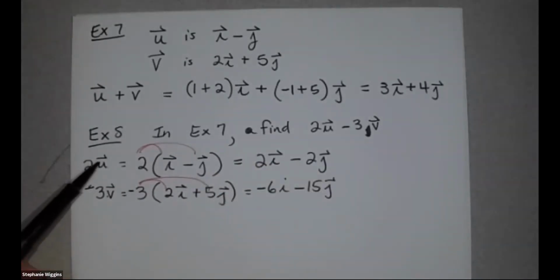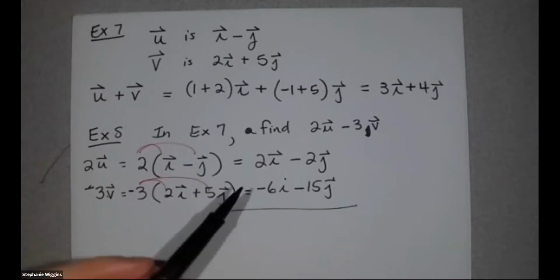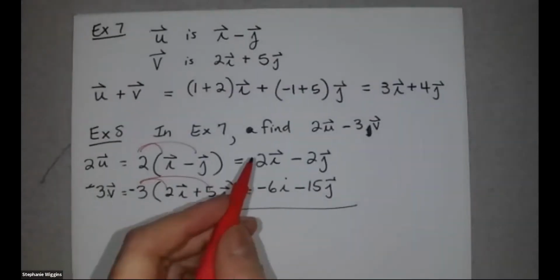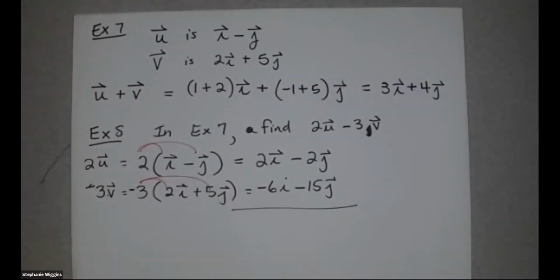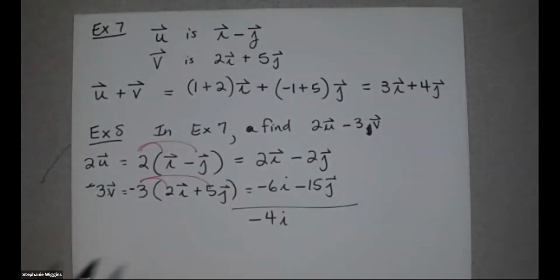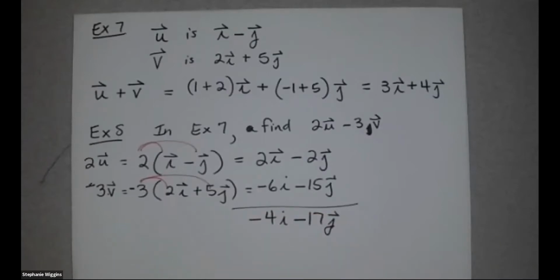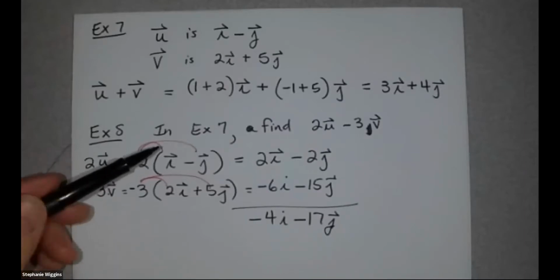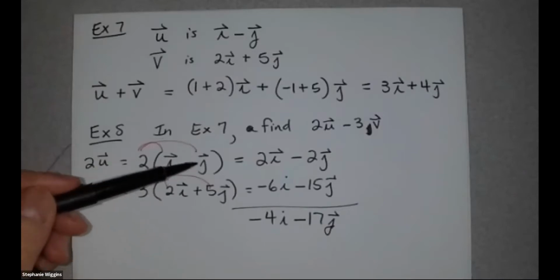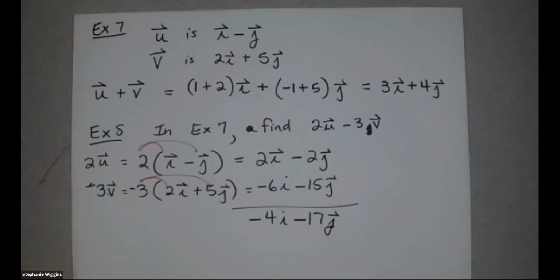And we are adding 2u and negative 3v. So 2u minus 3v, we're just going to combine these, and we get minus 4i minus 17j. So it just follows very naturally, all the different operations that you're doing with these vectors. It's just distributing your scalars, and then adding the i component and the j component values separately. It's really simple.